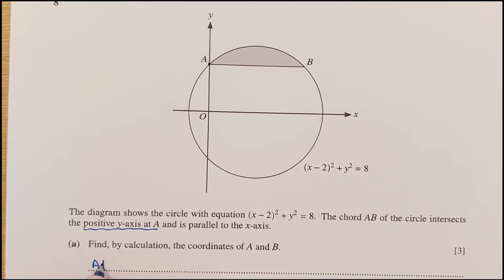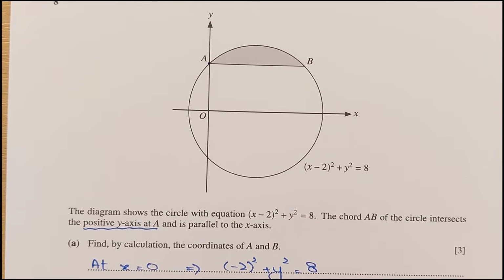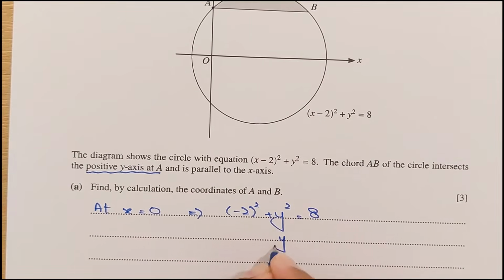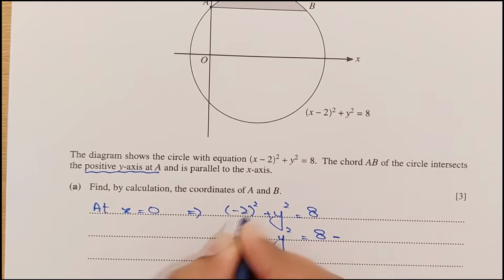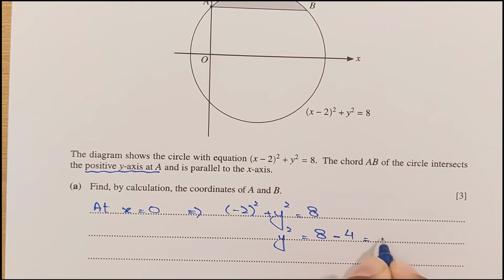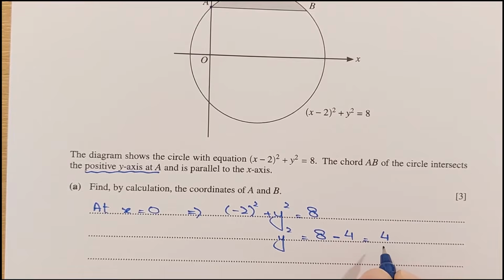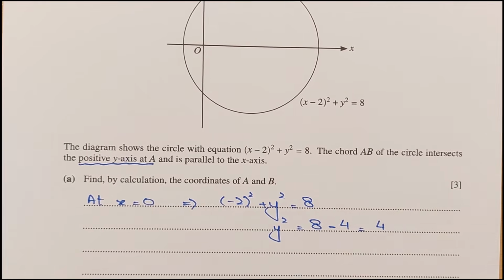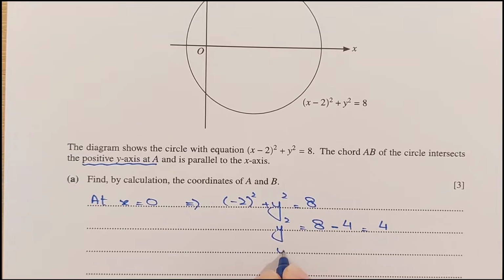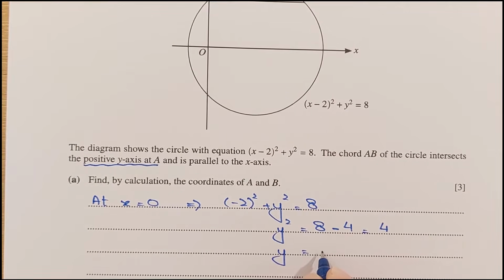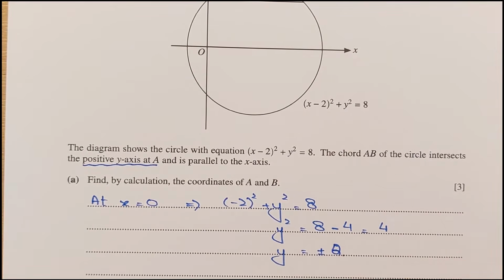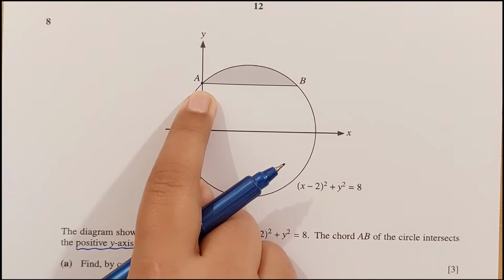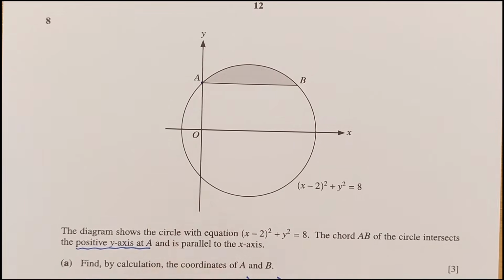So at x equals 0, from here we have minus 2 square plus y square equals 8, right? So let me simplify. Y square equals 8, negative 2 square is just 4, so 8 minus 4 is 4, and the value for y is square root of 4. The square root of 4 is plus minus 2. But here we are just considering the positive one because it intersects the positive y-axis.